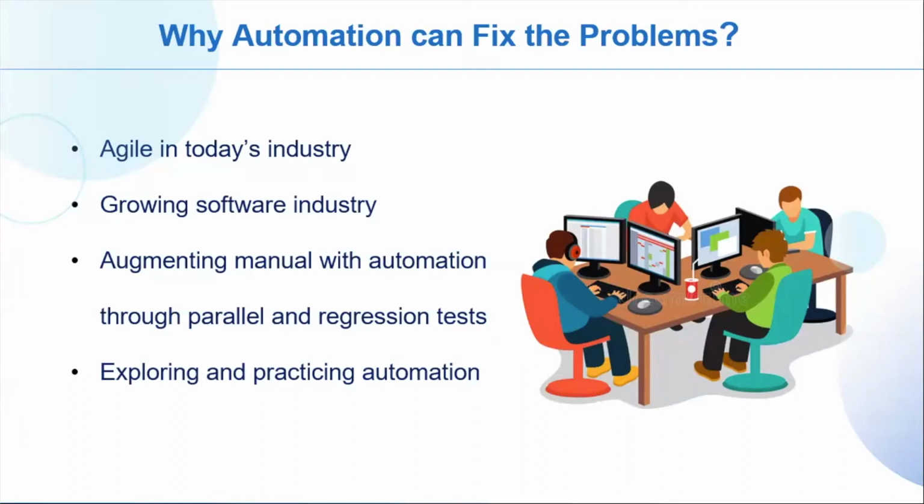What I will say is that augmenting manual with automation, through parallel and regression tests on consistently updated or large projects, big projects, is what will save you time, money, and frustration in the software development lifecycle, while increasing effectiveness, efficiency, and coverage of tests for your application.